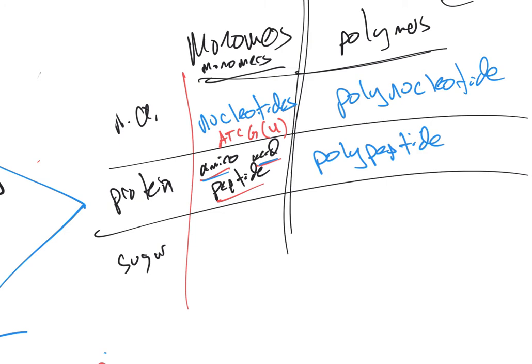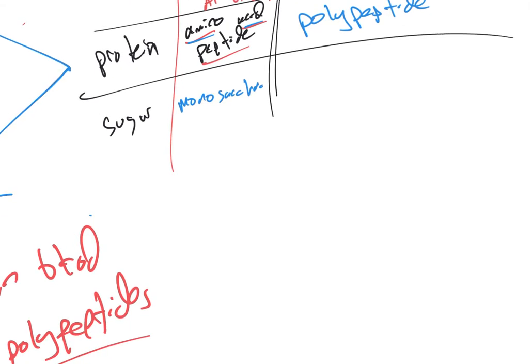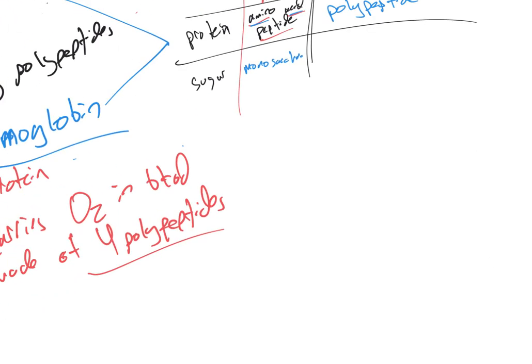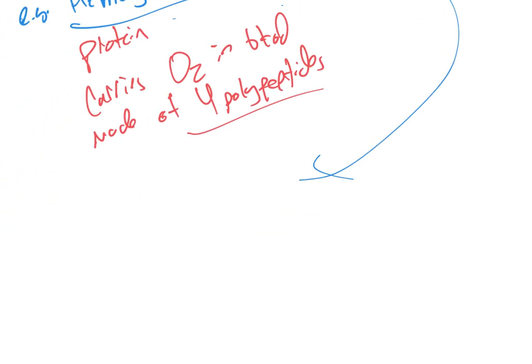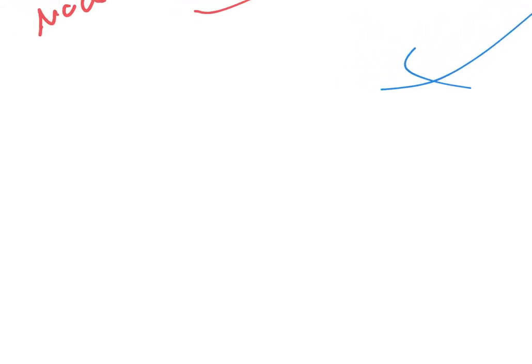Okay, now sugar, there's a little bit more for sugar to know. The first thing about sugar is that the monomer is, okay, I'm going to go down here, I'm going to just shoot over here. We have saccharide.